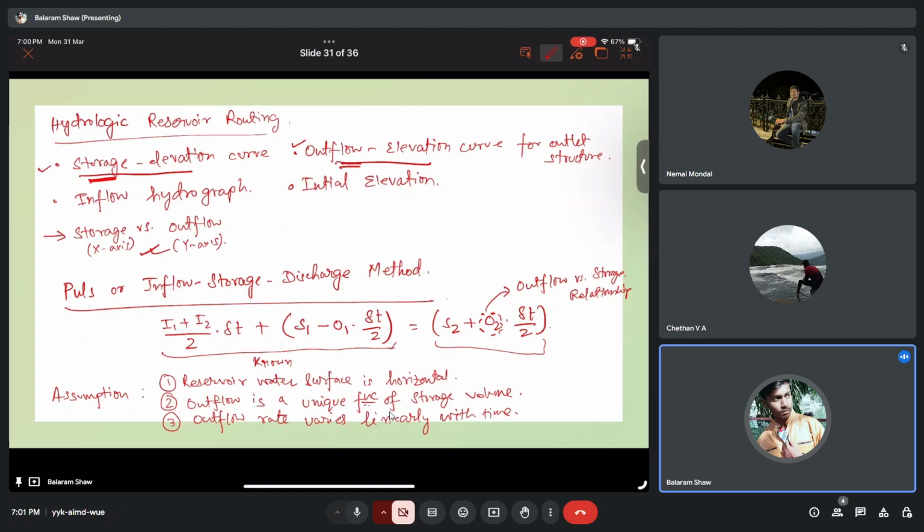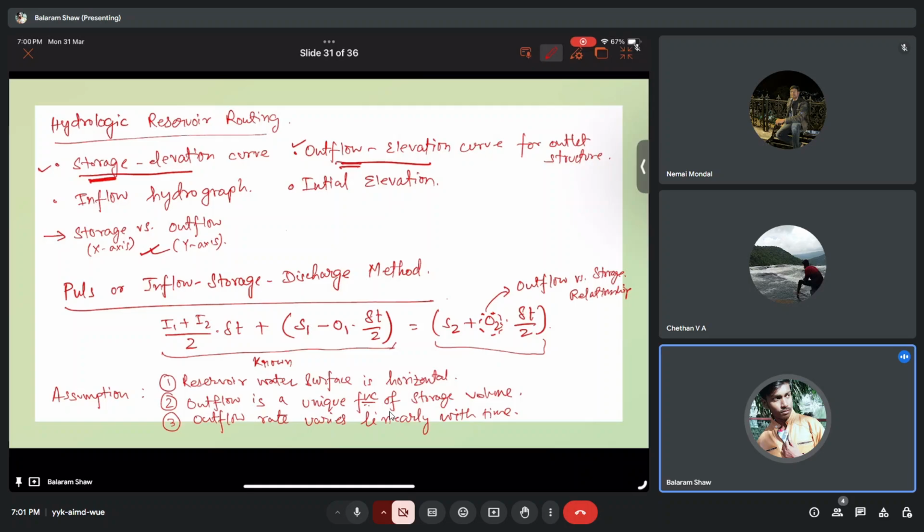So you need three curves for this method, that is the pulse method. This one will be S minus O into del T by 2, this one will be only S, and this one will be S plus O into del T by 2, right? So from all these relationships, you will get to the outflow, and hence you can create the outflow hydrograph.